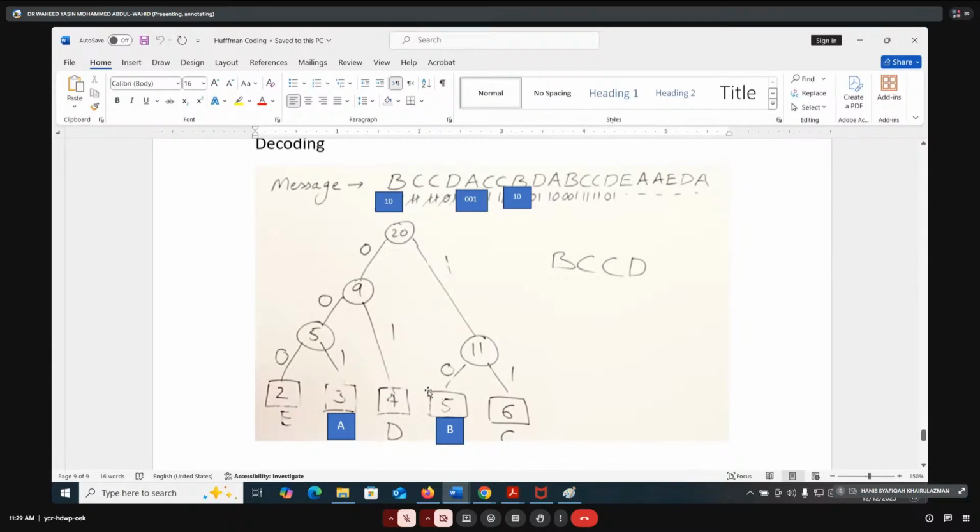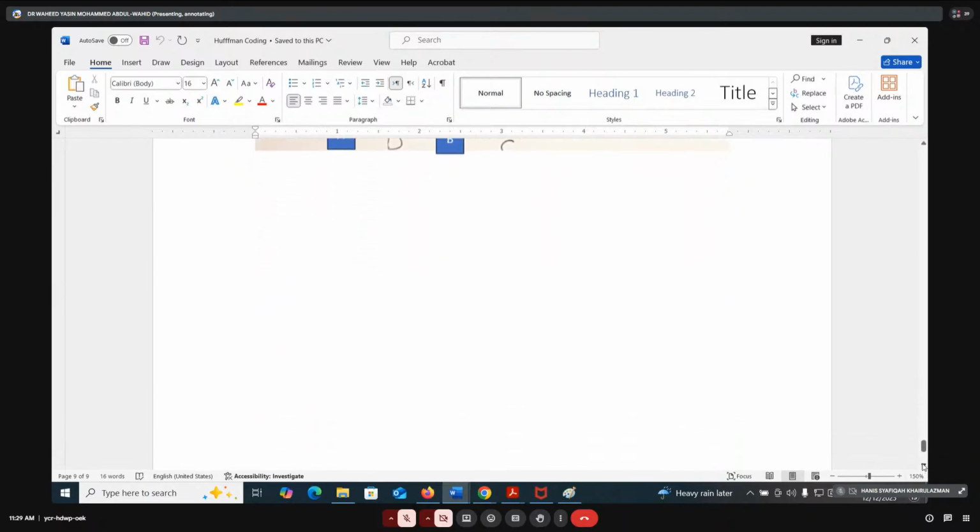D is 0 1, A is 0 0 1, okay, C is 1 1. So this is the message and how we are doing decoding. If I want to make this replacement, I have this one. Okay, now that's all for Huffman.